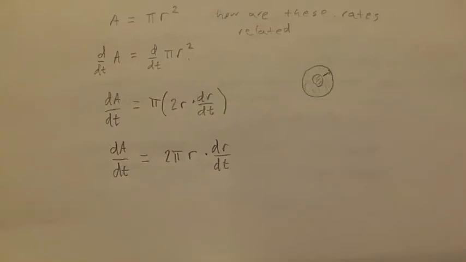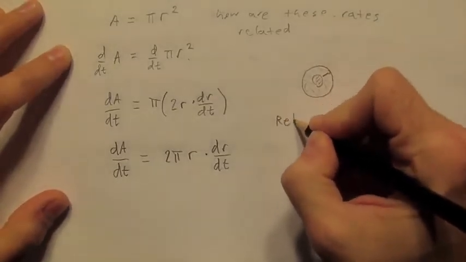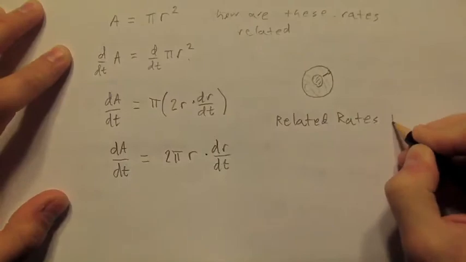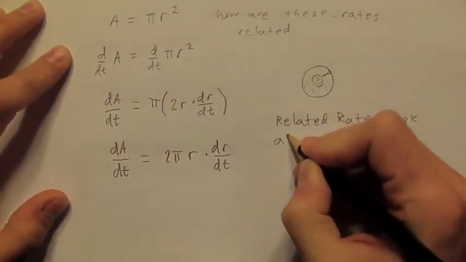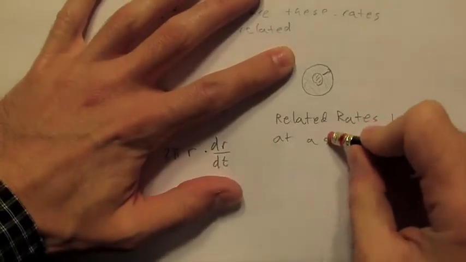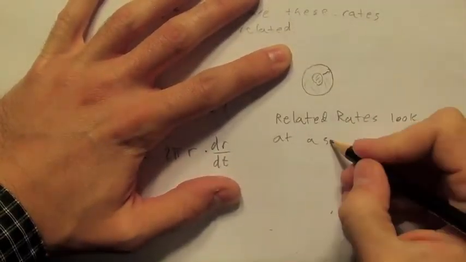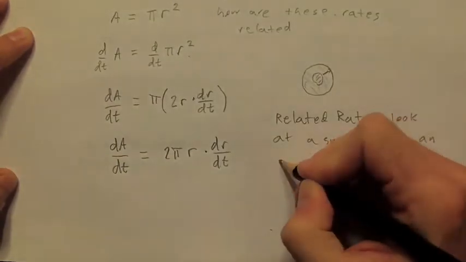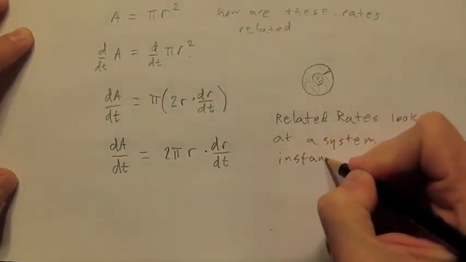Okay, and this also brings in the fact that related rates look at the rates at a particular moment. So related rates look at a situation, or a system, at an instant, at a particular instant.